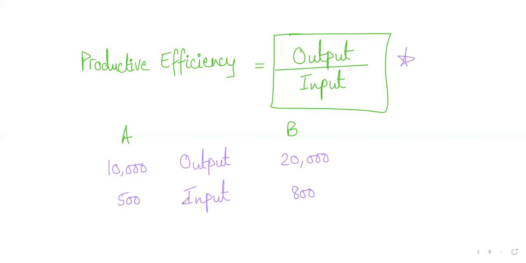B is a bigger business. How do we know that? We just need to look at the output. Which of the two companies is producing more output? That is the bigger company. As simple as that, right? Nothing complicated. Great. That's correct.